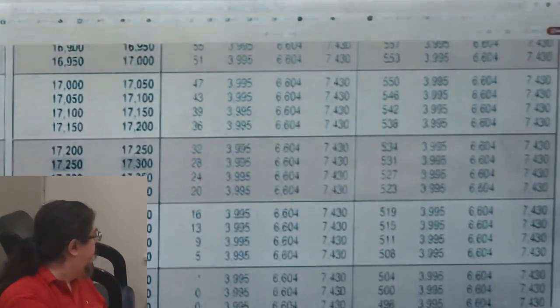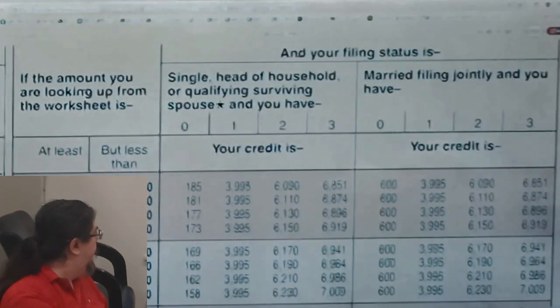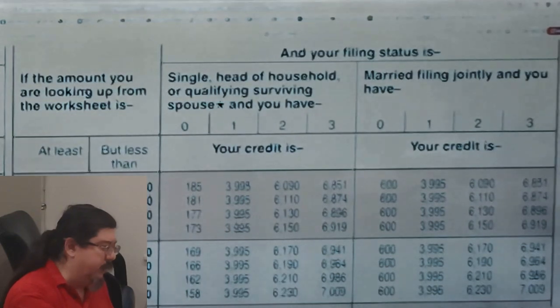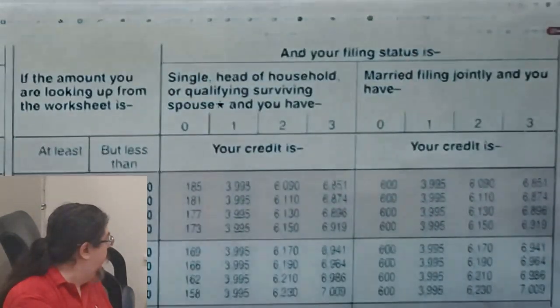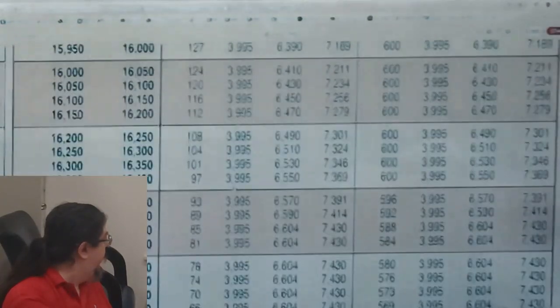So it's going to be on this line here. 3,995. If he's single or head of household, we're going to use this section and this column. So it's 3,995.